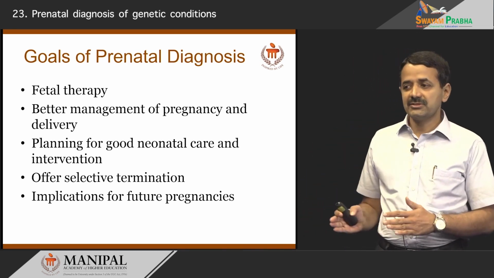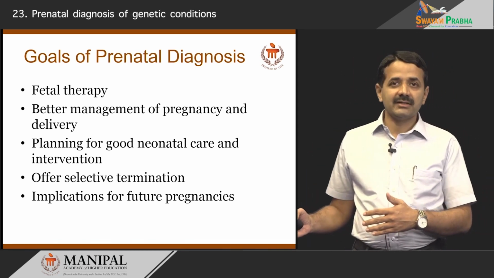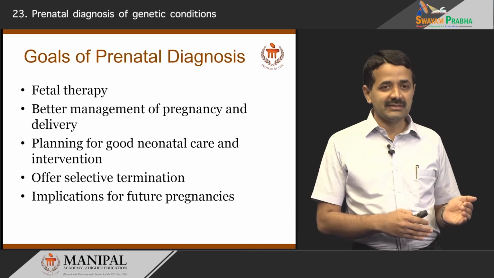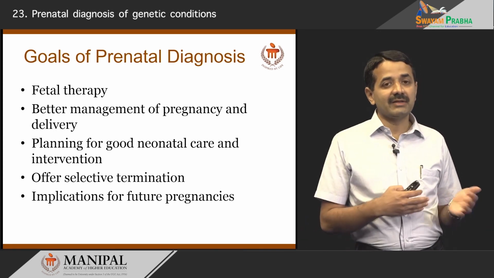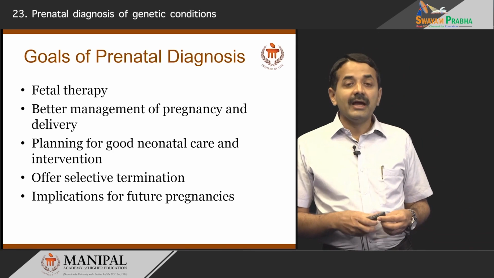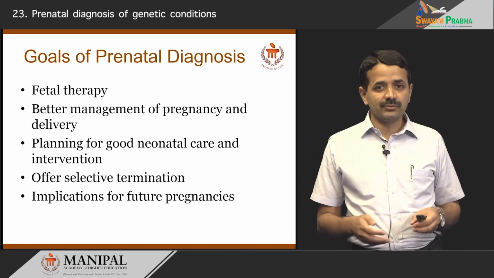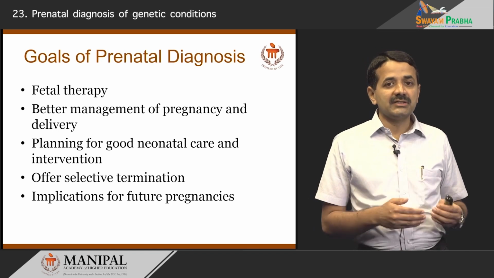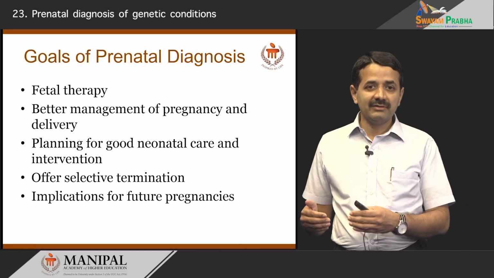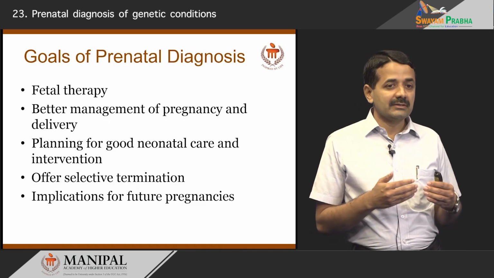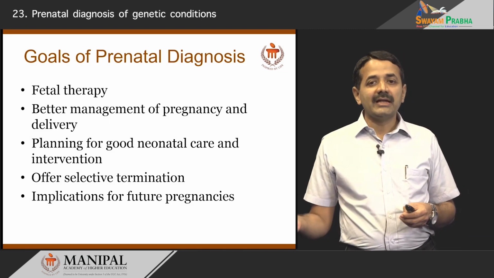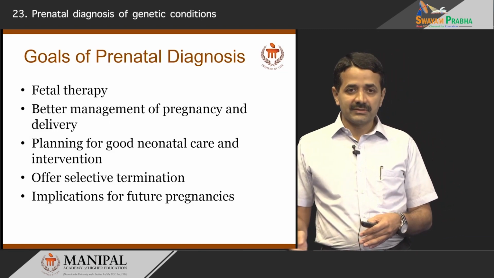The major goal is to have a healthy baby at the end of 9 months of pregnancy by treating the genetic defects if they can be identified in utero. And then second is better management of pregnancy and delivery. So, you can take the mother to a good tertiary care center for delivery and take care of the pregnancy better, and the baby is treated immediately after the birth.